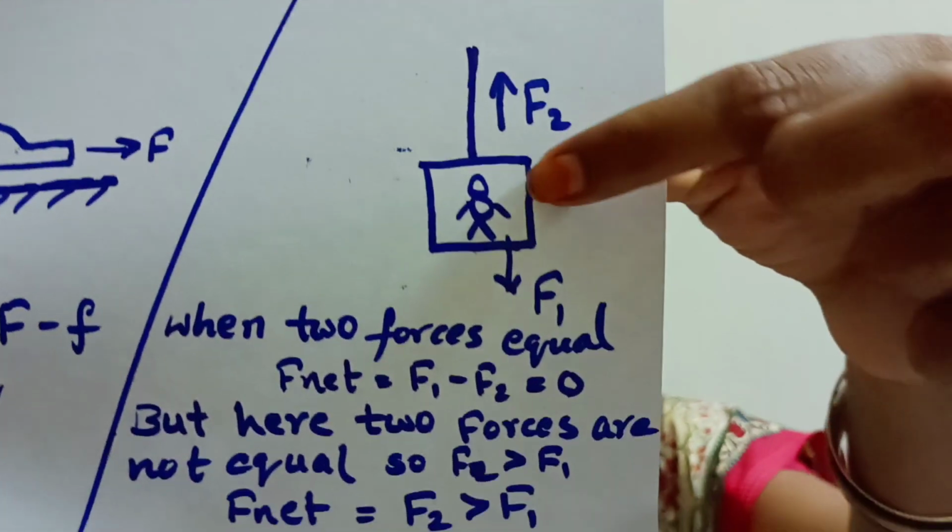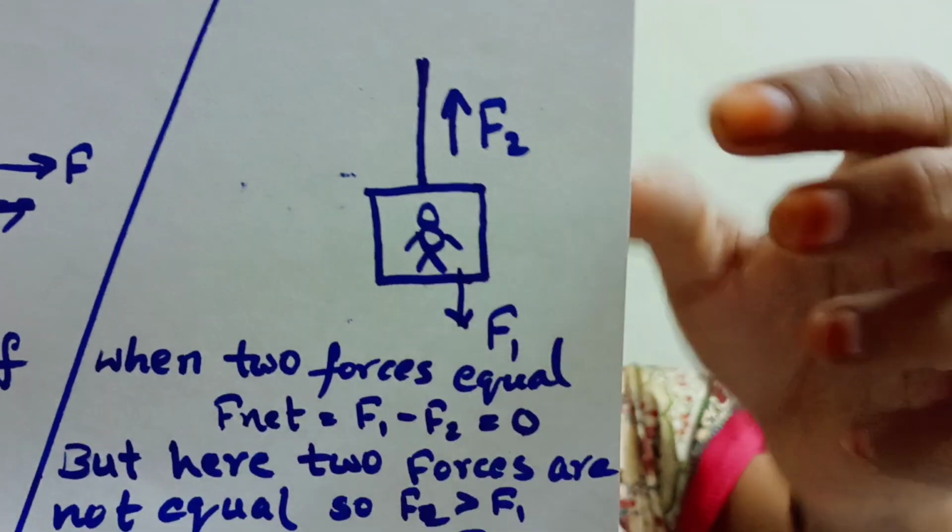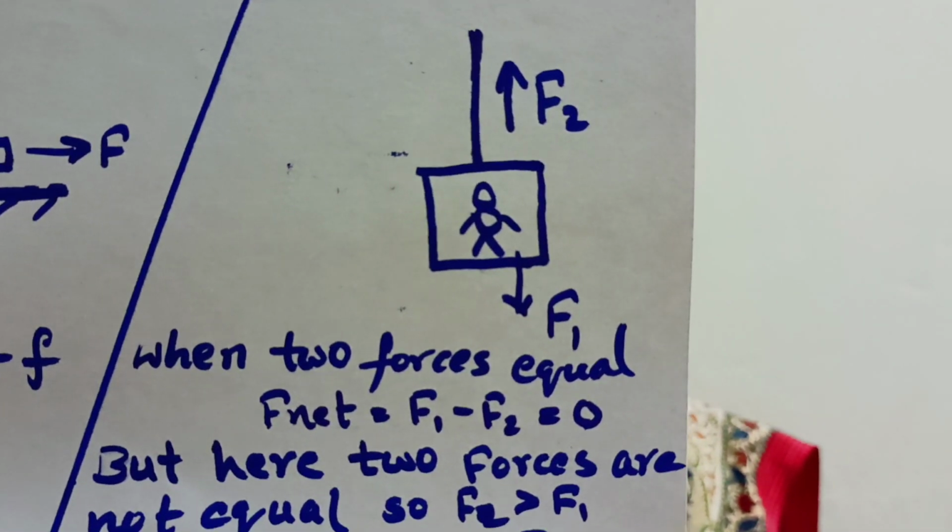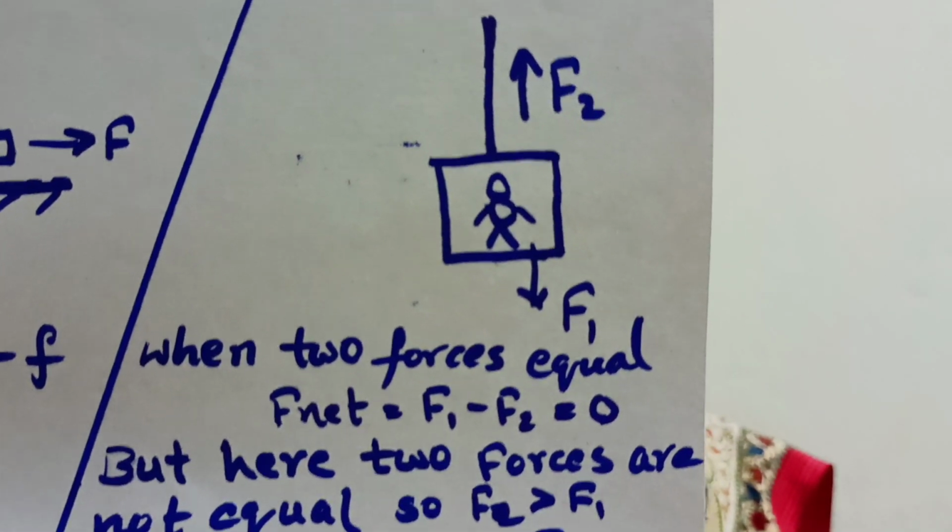The difference F1 minus F2 is equal to 0. With no net force acting on the body, the lift moves with constant speed.